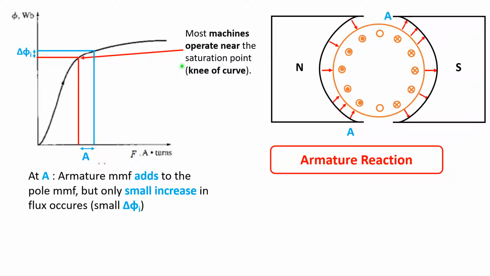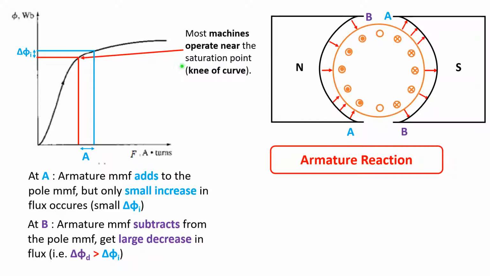Now, there's another point in the magnetic field of the DC machine when armature reaction happens, and this is shown as point B. At point B, we said that the fields are in the opposite directions, and so the armature MMF subtracts from the pole MMF. So if we were to plot this in a BH curve, the subtraction is to the left of the normal operating point. And if we were to see the decrease in flux, it is shown here to be much larger than the increase in flux.